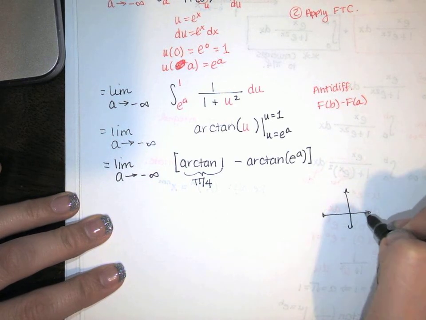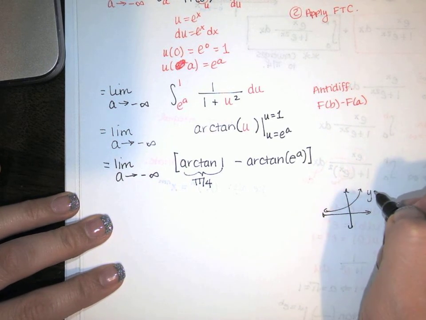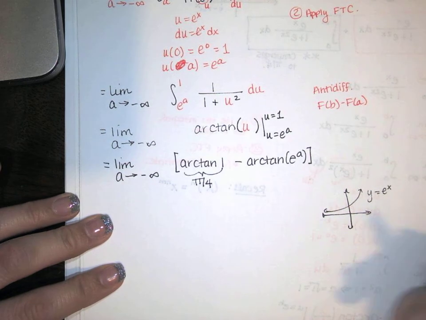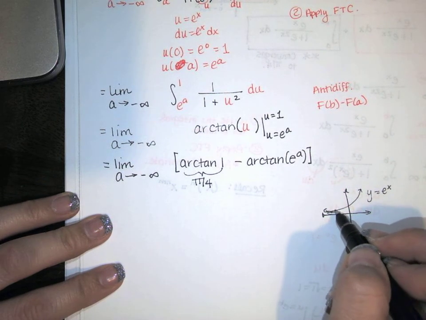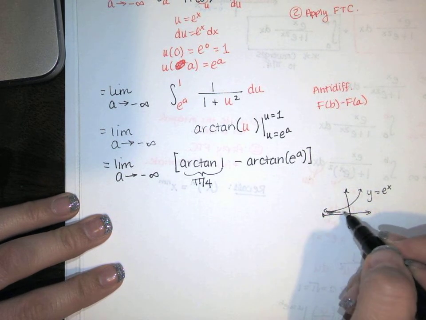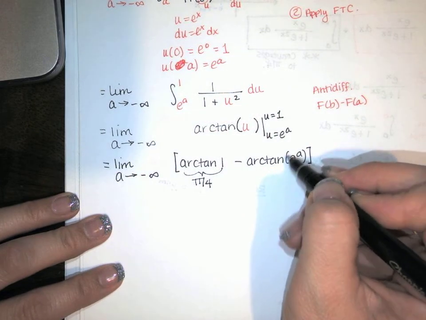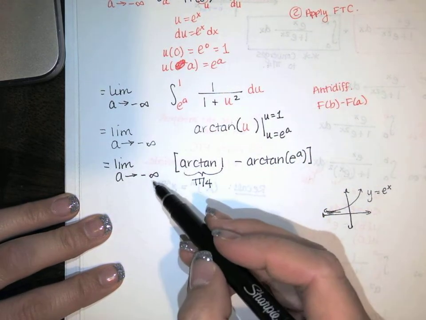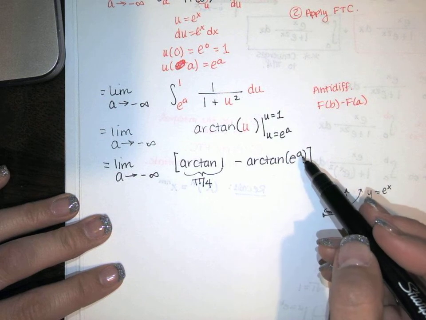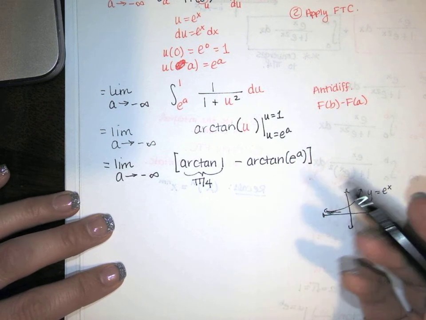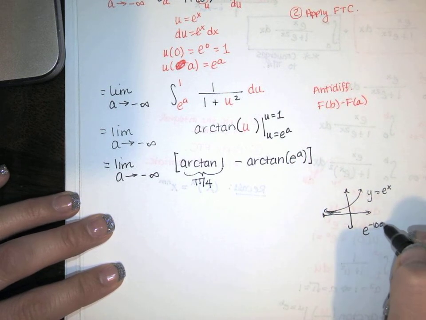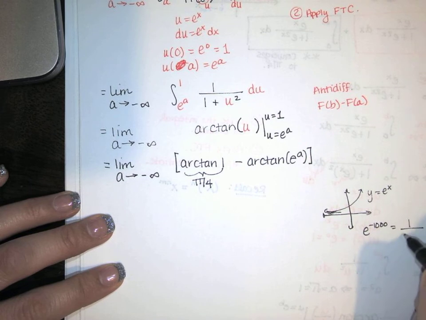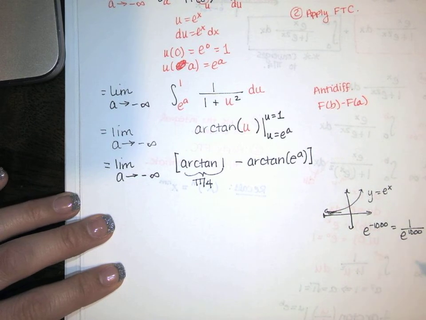Now this is what the function y equals e to the x looks like. As x goes to negative infinity, the y's on the graph get very close to the x-axis. So this is approaching 0. It's not approaching infinity this time. I've got e to a large negative power, like plug in negative 1,000. e to the negative 1,000, remember with our exponent properties, that's 1 over e to the 1,000.